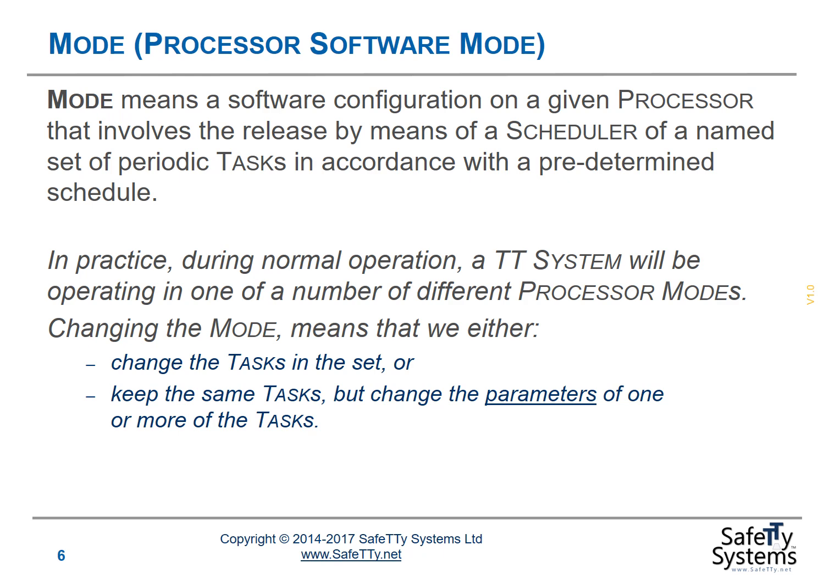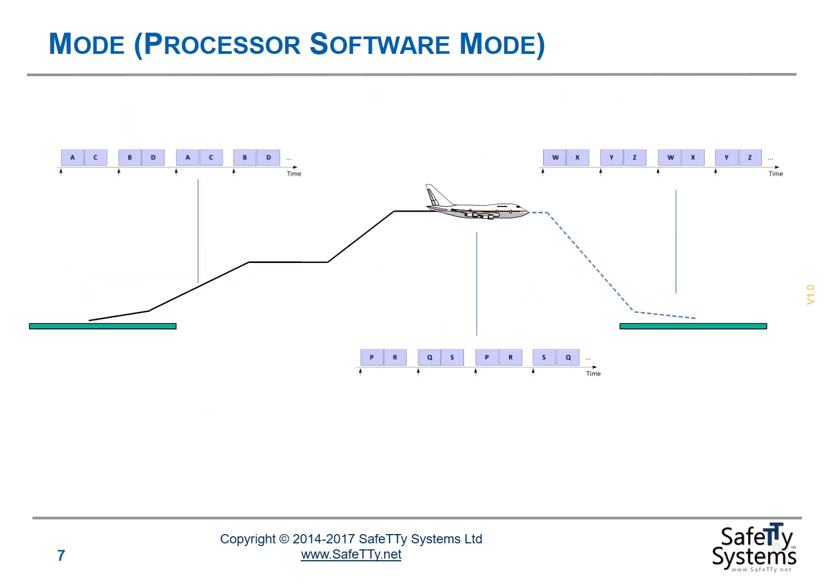Let's look at a simple example first. So this aircraft is operating in a number of different modes. We have one task set at this point in the system operation when the aircraft is rising to its cruising height. So we have one task set A, C, B, D here.